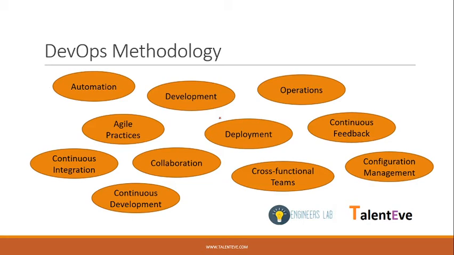The cross-functional teams work together, and they collaborate. There will be continuous development happening, continuous integration, and definitely in DevOps also, the agile practices, whatever are there, would be followed for the development. So DevOps, we can say, is an addition to the agile which is already used.